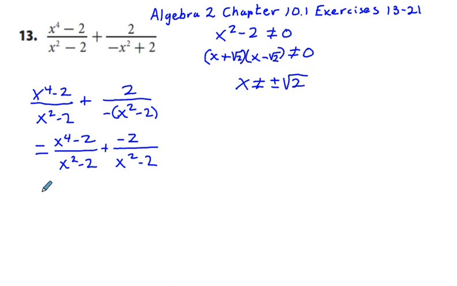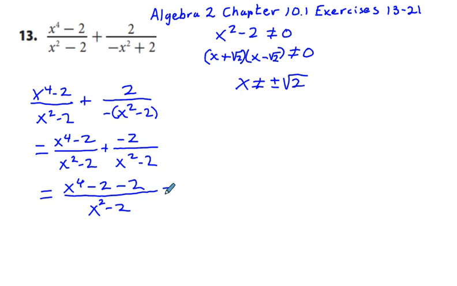So I'm going to continue to work down below. Eventually I'm going to work to the right, but what we have is x to the fourth power minus 2. And since we have a common denominator of x squared minus 2, we can now put these two fractions together.